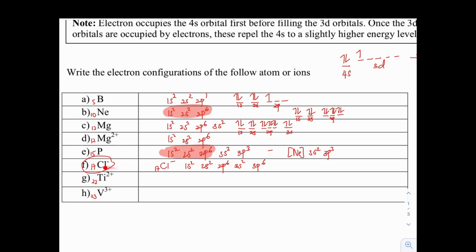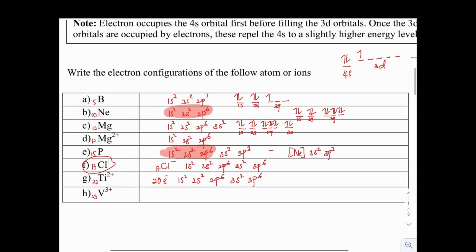For titanium 2 plus, the most common mistake made by students is they do things like this. For titanium 2 plus, they think that they have a total of 22 electrons and 2 electrons are removed, so they think, oh, okay, now I need to write 20 electrons. So a lot of students are going to do this: 1s2, 2s2, 2p6, 3s2, 3p6.